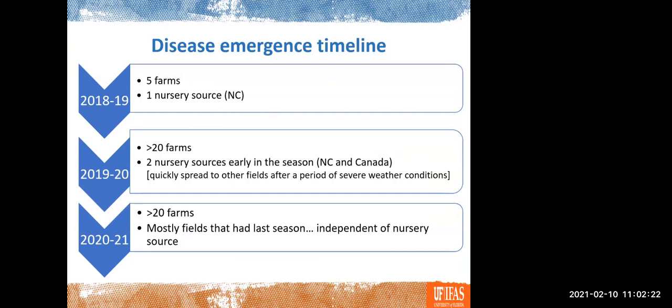Moving forward to this season, we basically had the same number of farms that are infected, but the main difference is that we can't really see that link with a nursery source anymore. What we see is that mostly fields that had the problem last season have it again, which unfortunately indicates that it seems the fungus has established in our fields.